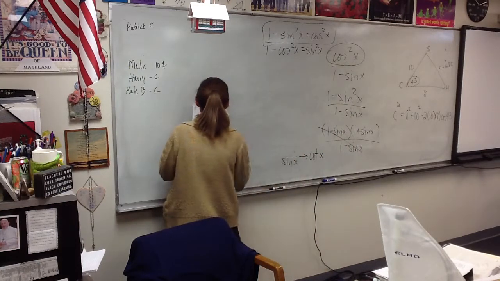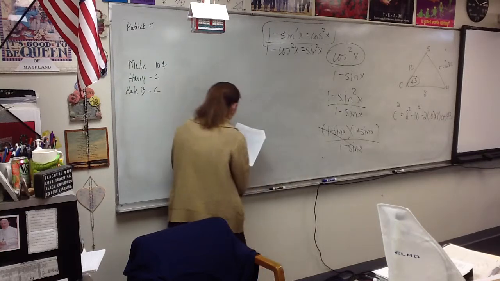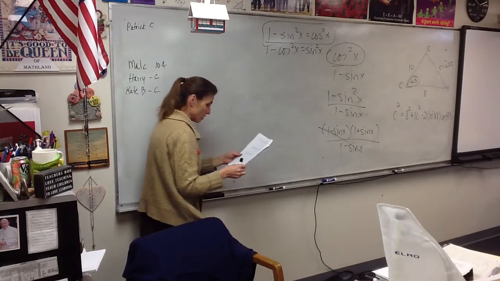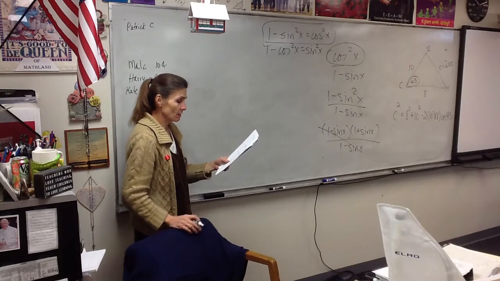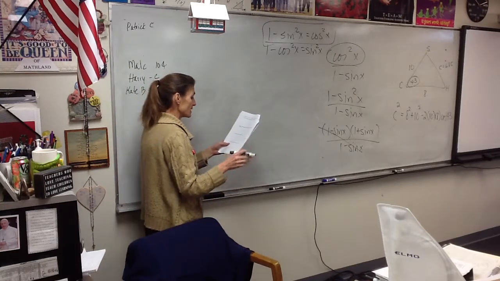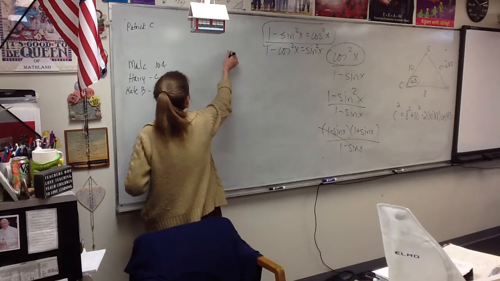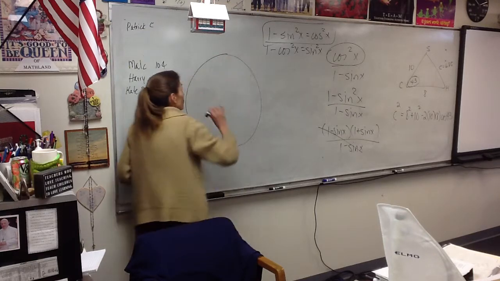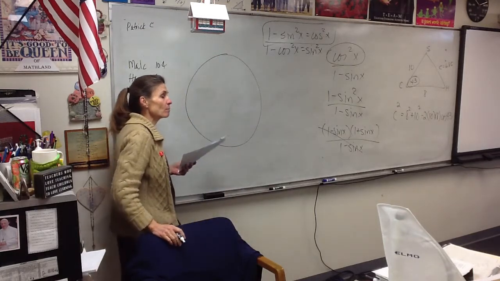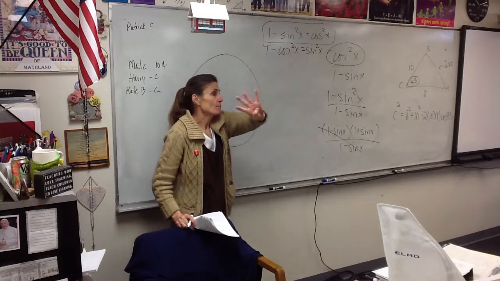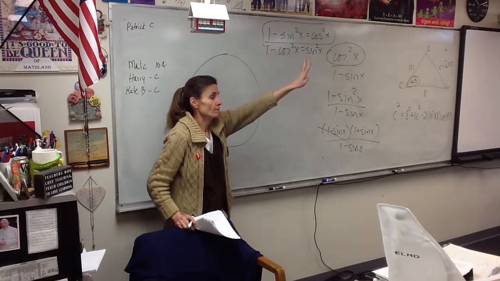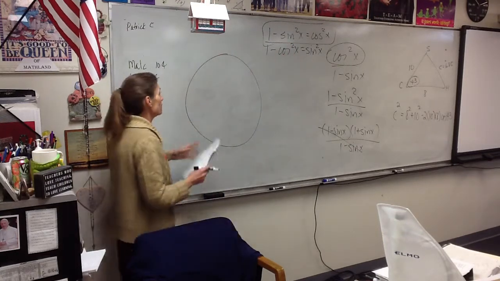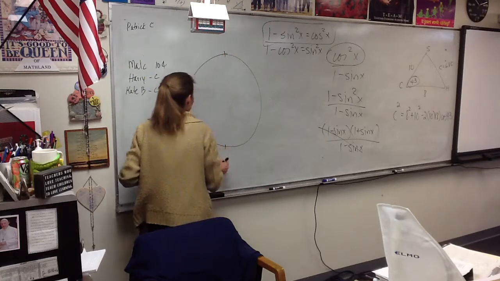Okay, I feel like problems 1 and 4 are kind of similar. So I'm going to do 4 because I've not done a decagon before. So here's my circle. What does decagon mean? I'm doing problem number 4. A decagon has 10 sides.